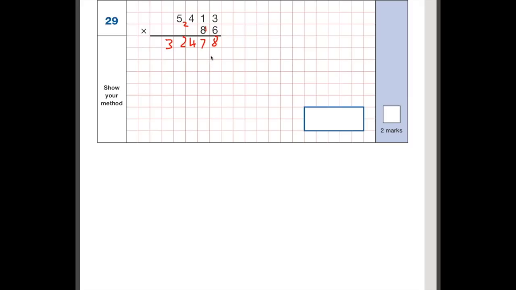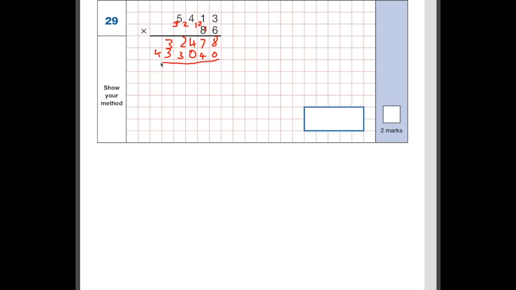Don't forget to put the 0 now, we've moved on to the 10, so 8 times 3 is 24. Put the 0, put the 4, and then carry the 2. 8 times 1 is 8, add the 2 is 10. Put the 0, carry the 1. 8 times 4 is 32, add the 1 is 33, so put the 3, carry the 3. 8 times 5 is 40, add the 3 is 43.